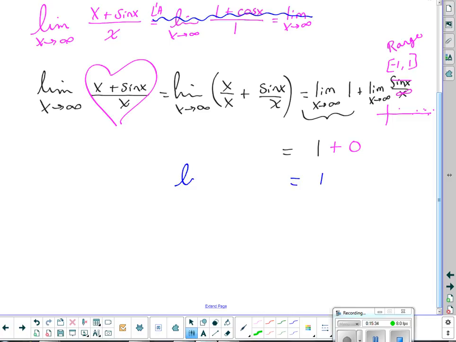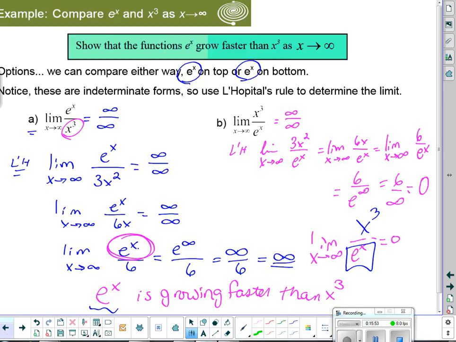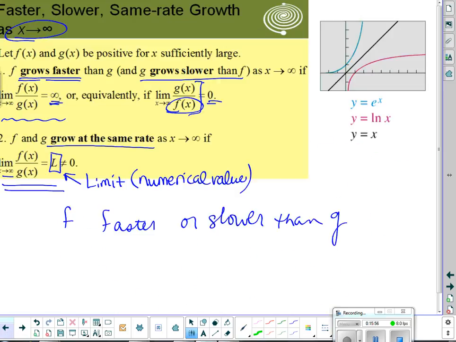The limit as x goes to infinity of x plus sine x over x equals 1. How do I interpret my results? Well, this is that L value, right? When we read the script in the beginning, a page back, where was the bookwork? f and g grow at the same rate as x goes to infinity if we get a number.